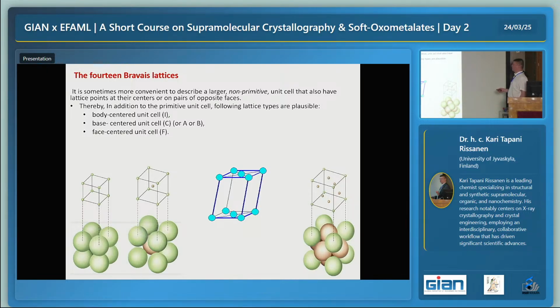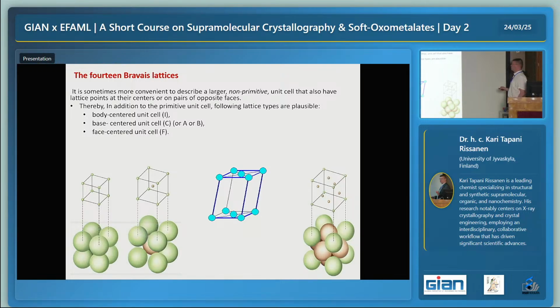We don't use A and B. Or then we can have a face-centered F, where there is a point in each of the faces. These are the combinations we can have: I, C, or F in connection with individual crystal systems.